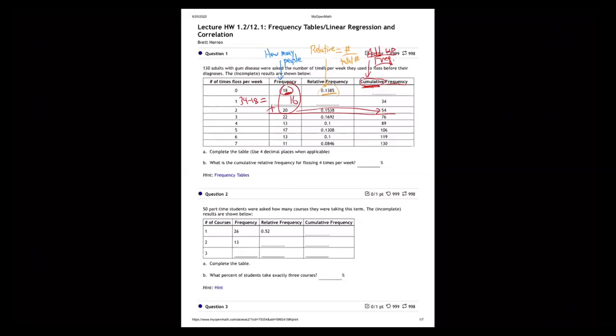Can you go over the relative frequency once again, please? Okay, yeah. So the relative frequency is by dividing. So whenever they say relative, it's dividing. As it says right here, relative is the number over the total. So that would be 18 divided by 130, because the total's up here, 130 adults.